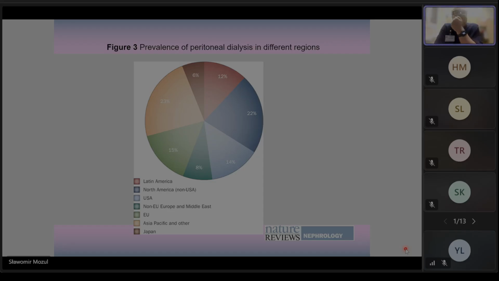This slide shows that the use of peritoneal dialysis varies across different parts of the world. This method is used most frequently in Asia, while in Europe it accounts for about 15%.